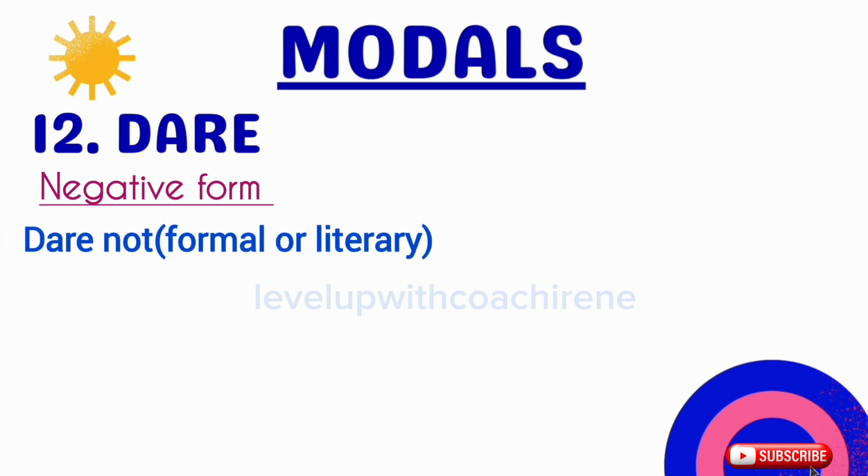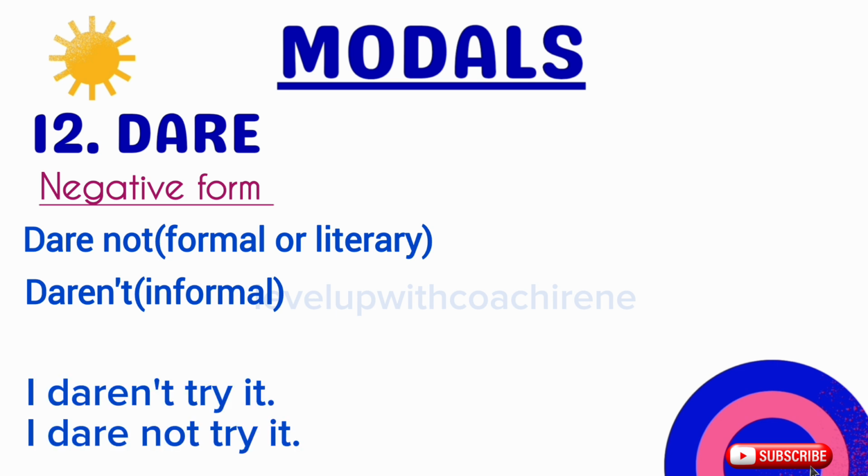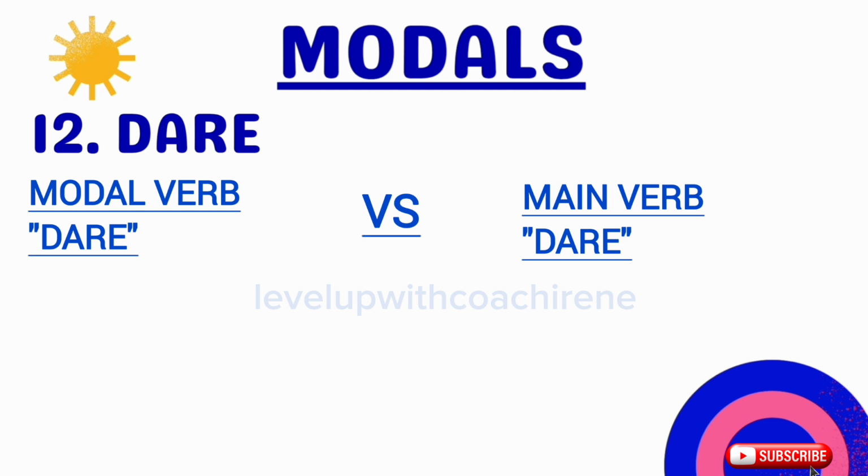It is formal or literary, while daren't is less common in modern English. For example, I daren't try it, or I dare not try it. The main verb dare is more frequently used in everyday conversation. Let us look at the differences between the modal verb dare and the main verb dare.